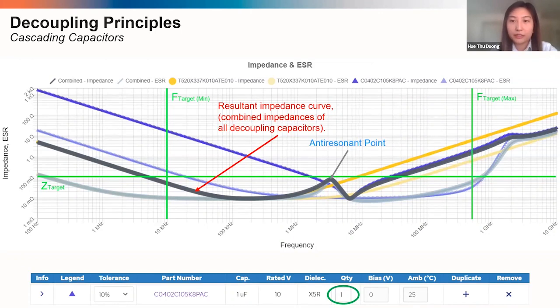Now you can see there's this point here that popped up called the anti-resonant point, which can be problematic as it can be higher than the impedance of both the initial tantalum part and the ceramic part. So we want to keep an eye on this point now to make sure it's also below the target impedance line at both the lower and upper bound.